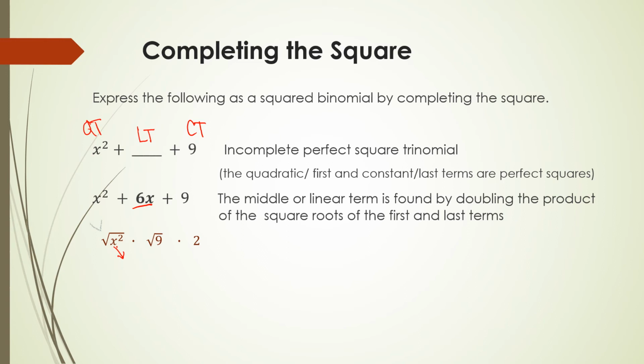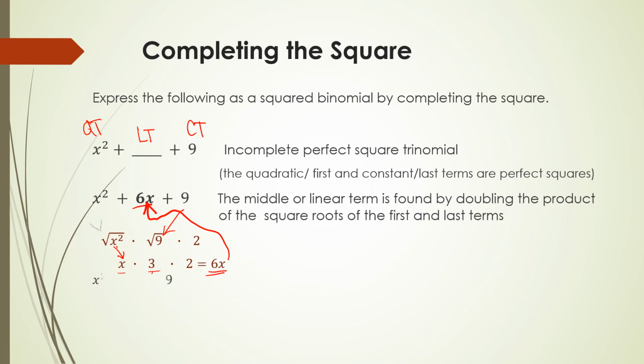And you also need to get the square root of 9. And then, double it or multiply it by 2. So, the square root of x squared is x. The square root of 9 is 3. And then multiply it by 2. 3 times x times 2, the answer is 6x. And that 6x is now our middle term.